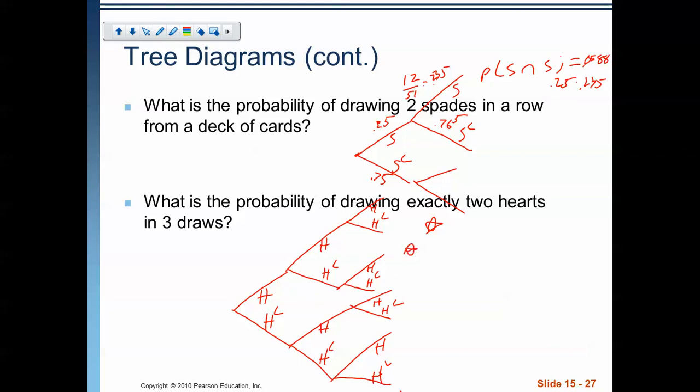I need this one. And then I need no heart, heart, heart. Those 3 branches are the only ones that are exactly 2 hearts in 3 draws. I calculate those 3 probabilities, I add them together, I get my solution. Go ahead and do that.